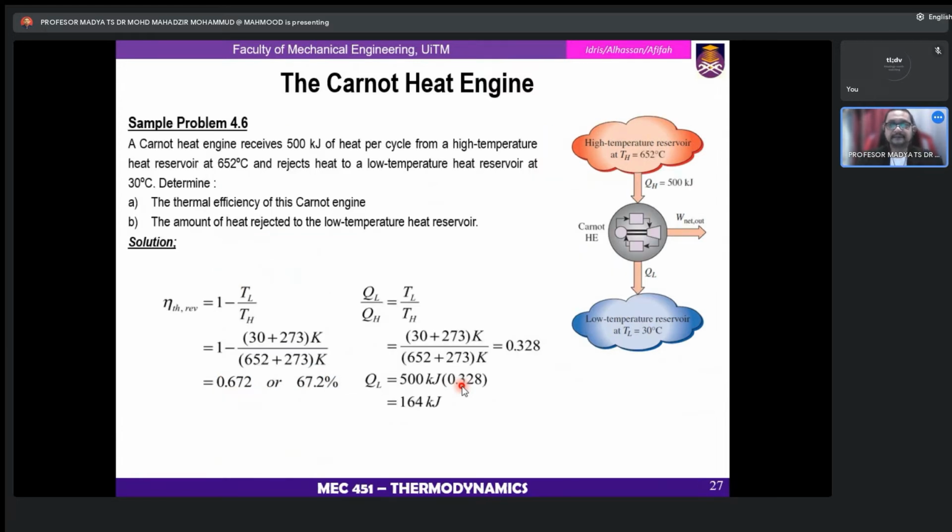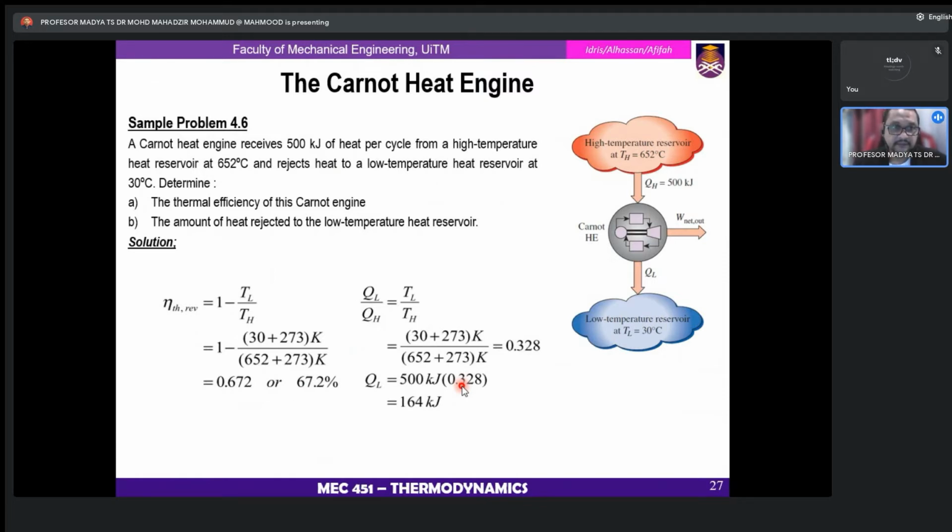Let's see a sample problem. A Carnot heat engine receives 500 kilojoules of heat per cycle from a high temperature heat reservoir at 652 Celsius and rejects heat to a low temperature heat reservoir at 30 Celsius.